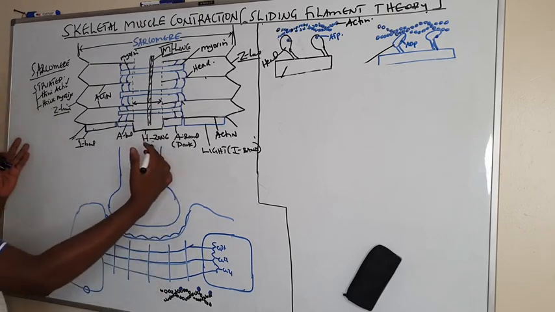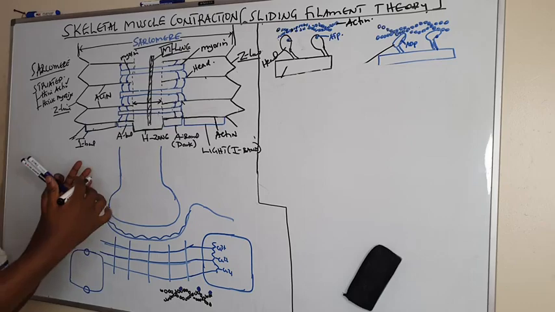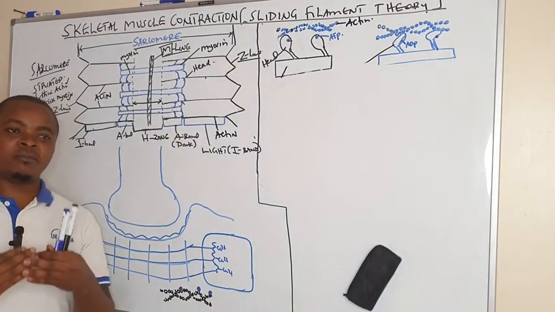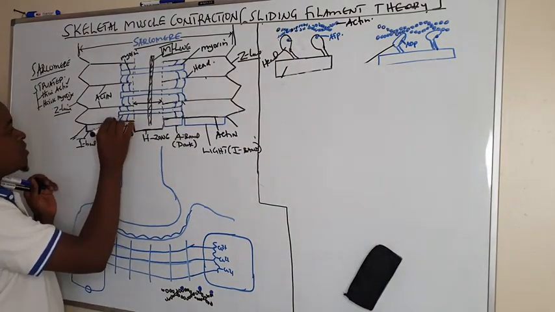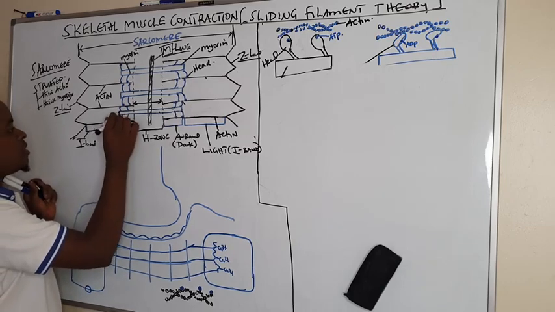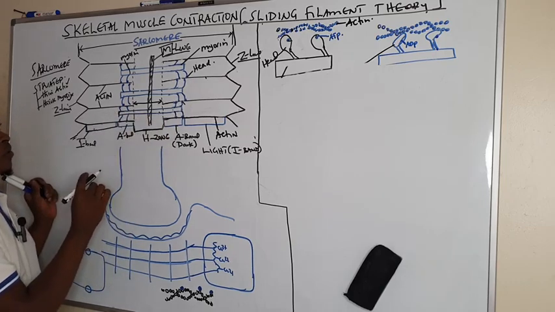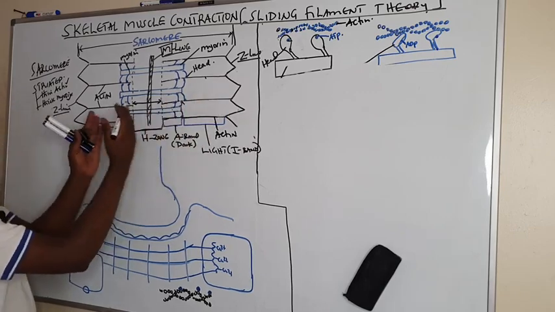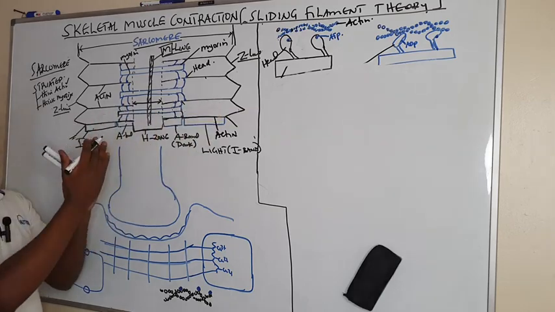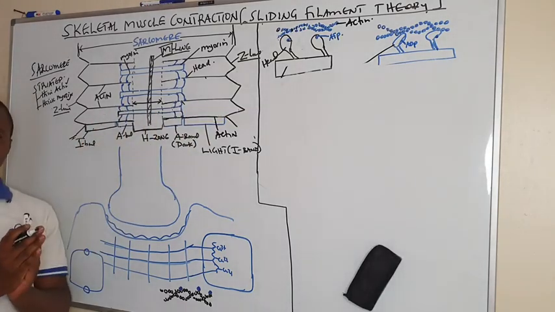And during muscle contraction, the actin filaments, which are thin, move past the stationary myosin. So the myosin does not move. It is stationary. The thick myosin remains stationary, whereby the actin filaments slide past the stationary myosin. That is during muscle contractions.